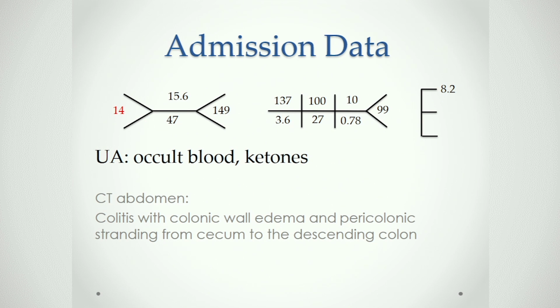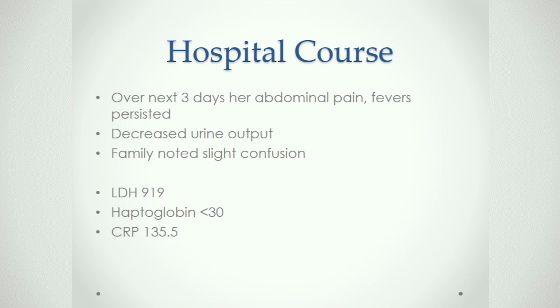So she was admitted, and over the next 3 days, she had persistent abdominal pain and fevers, along with a drop-off in urine output. Her family also noticed that she just wasn't quite as clear as normal. Additional lab tests came back in that 24 hours from admission on, including an LDH that was up to 900, haptoglobin that was undetectable, and a CRP that was quite elevated.